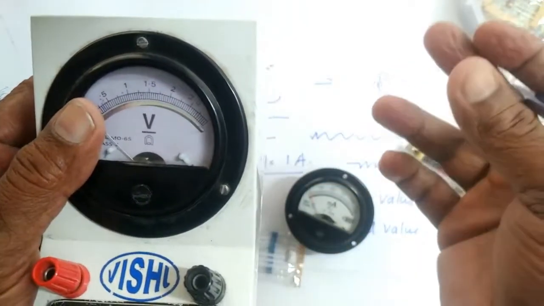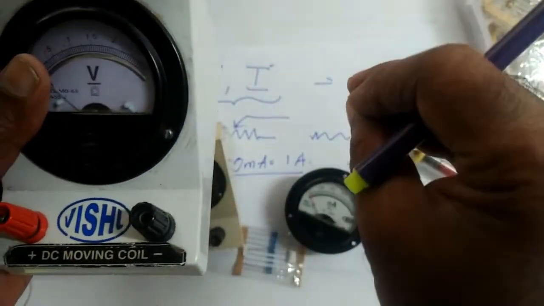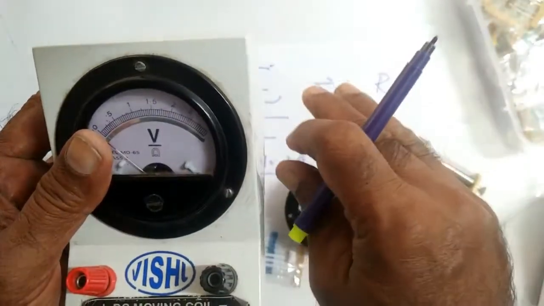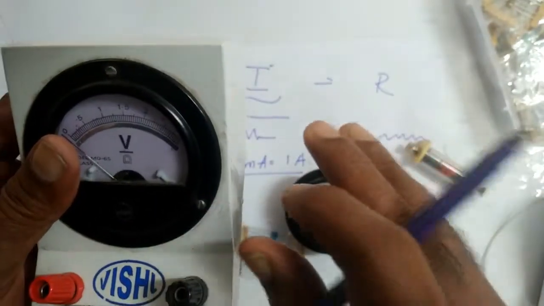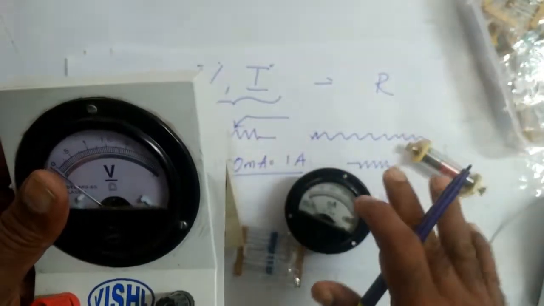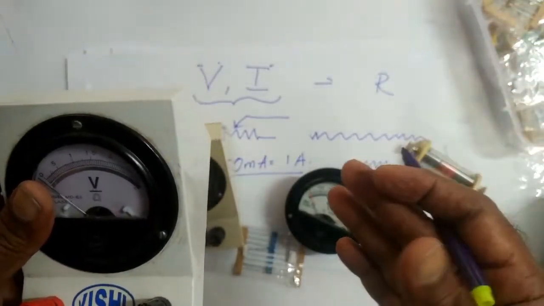Let me once again demonstrate finding the least count of all the three. We'll do it once again, and then if time permits, we'll do the circuit and start the experiment, or else we'll go for part 3 of this video.